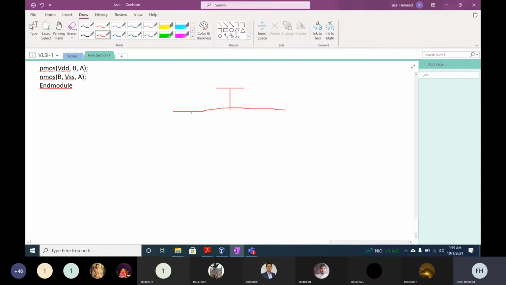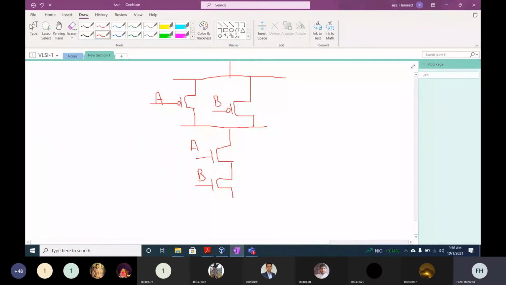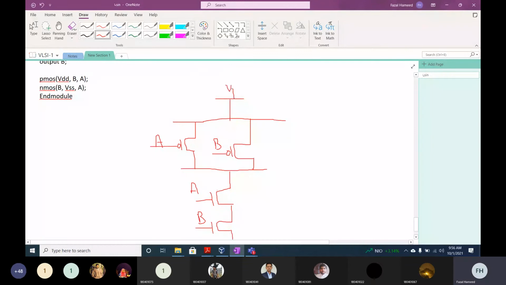For this NAND gate, we have inputs A, B, then VDD, and the output F. If you look at the high-level schematic, this is a schematic of a NAND gate.